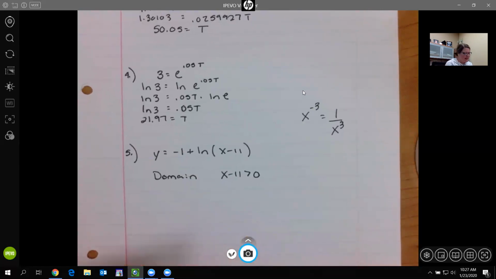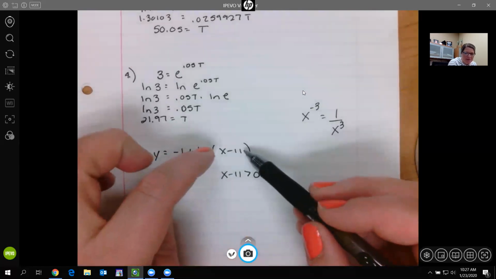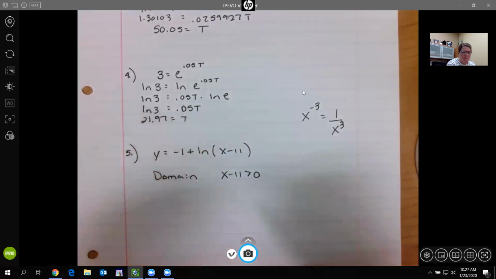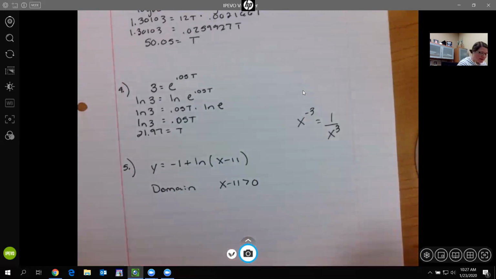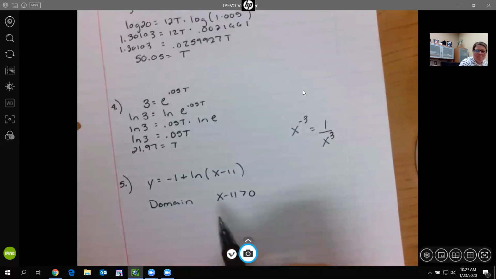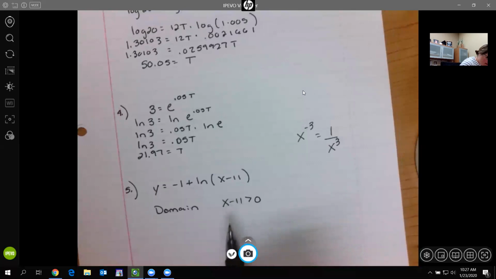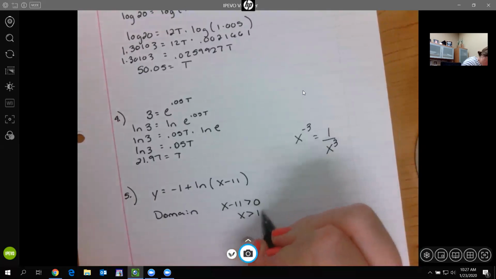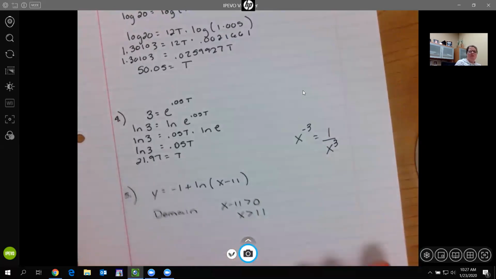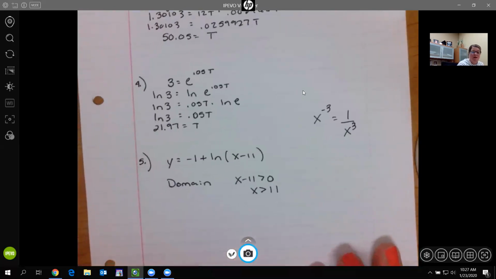So basically, this is what you're getting out as your answer. E to what power is that? So anyway, I keep saying anyway, whatever. Now you're going to count them all and see how many I said in my video. So then from here, I can see that x is going to have to be greater than 11. So our domain is restricted in this log problem.